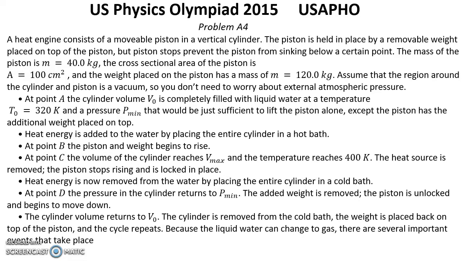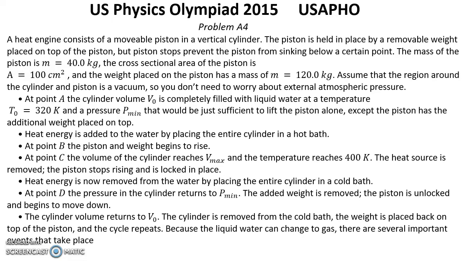The cross-sectional area of the piston is 100 square centimeters, and the weight placed on the piston has a mass of 120 kg. Assume that the region around the cylinder and above the piston is a vacuum, so you don't need to worry about external atmospheric pressure.